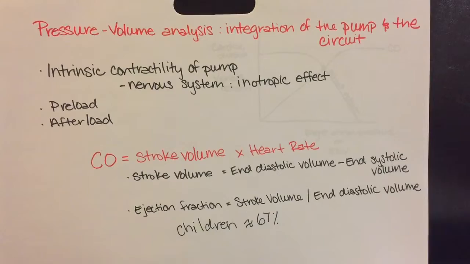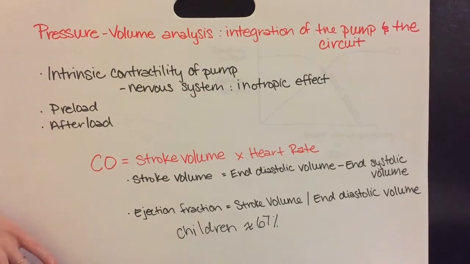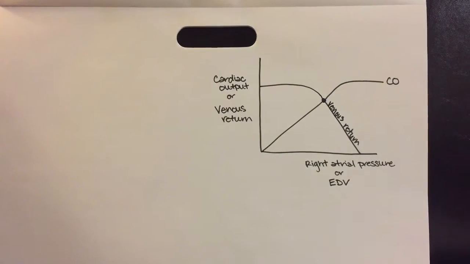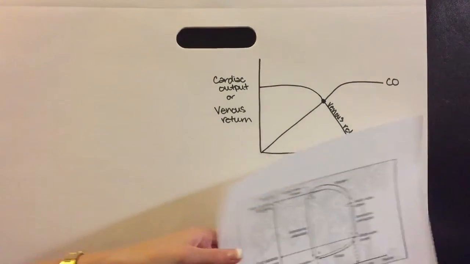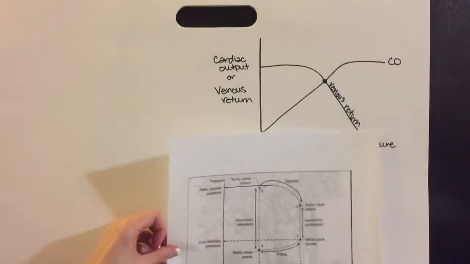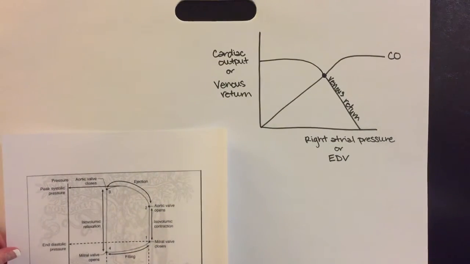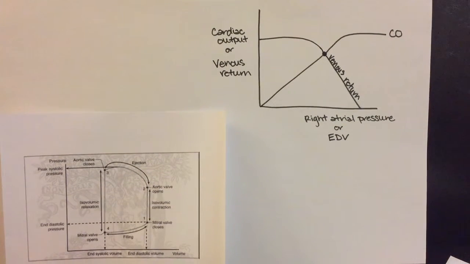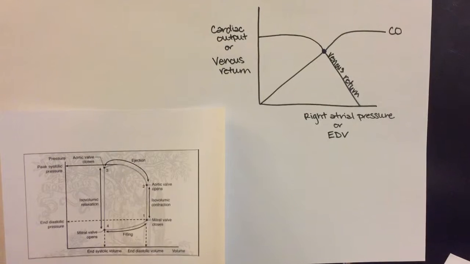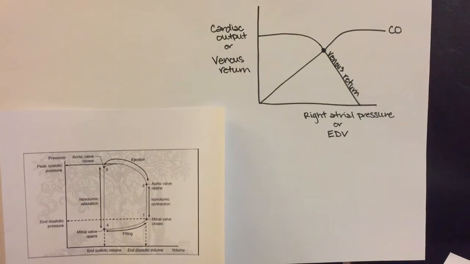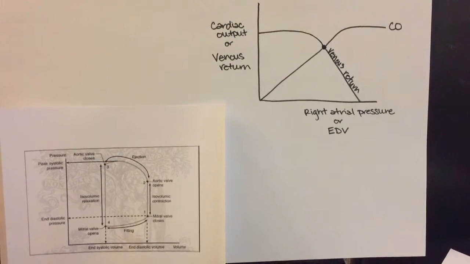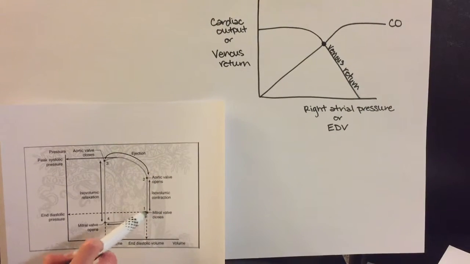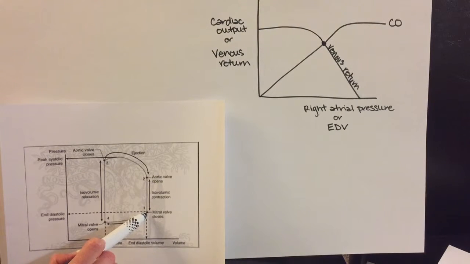So let's look at the pressure-volume relationship internally in the heart. Cardiac contraction begins at end diastole and isovolemic contraction proceeds. So we have end diastole, where our mitral valve closes.